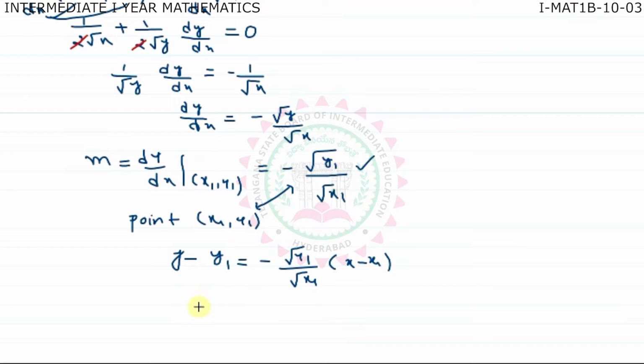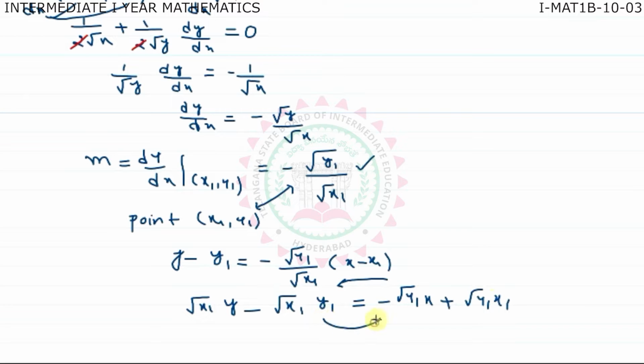Cross multiply, you will get root x1 into y minus root x1 y1 is equal to minus root y1 x plus root y1 x1. Then take this term to this side and this term to this side.